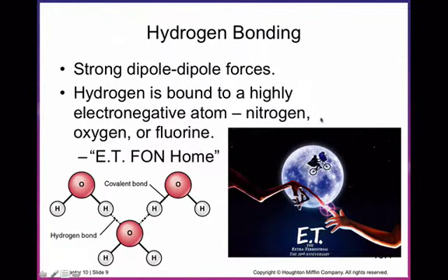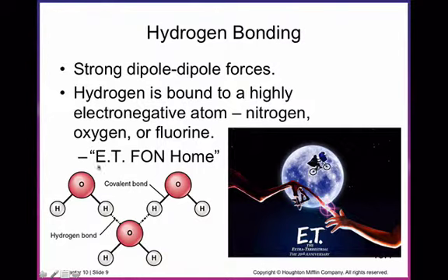Hydrogen bonding is a specific type of dipole-dipole force, and it's actually a pretty strong type of dipole-dipole force. So what happens is there's a hydrogen that's bound to a highly electronegative atom, and those highly electronegative atoms are nitrogen, oxygen, and fluorine. So in order for you to remember the atoms that do hydrogen bonding, you can remember E.T. phone home.